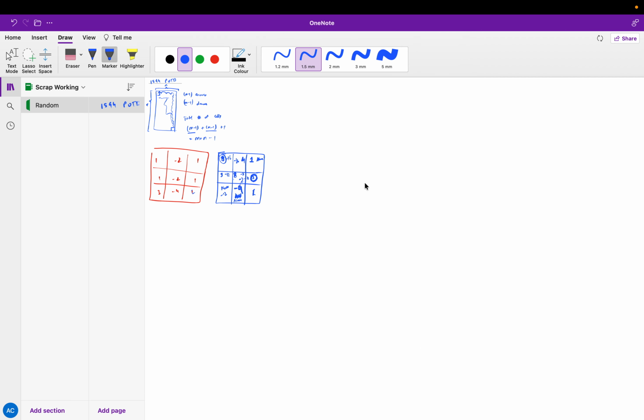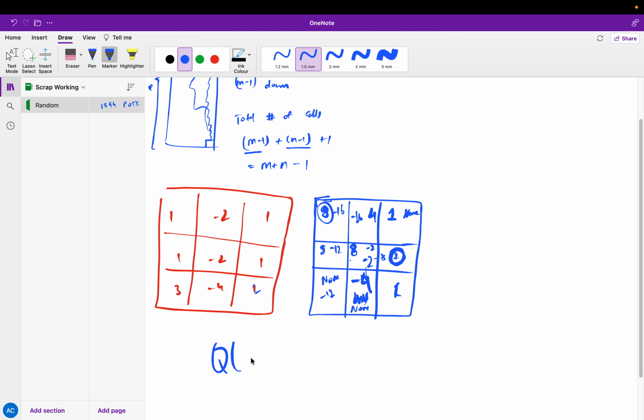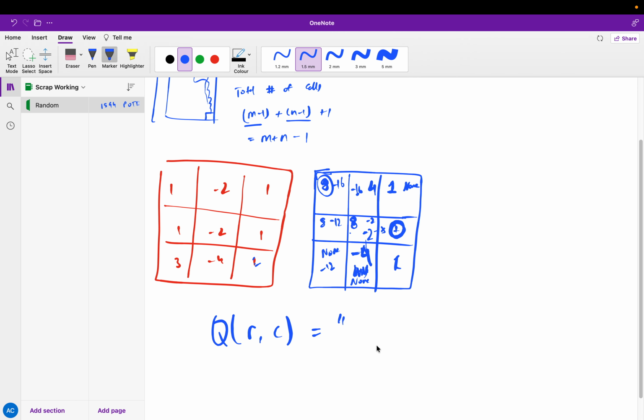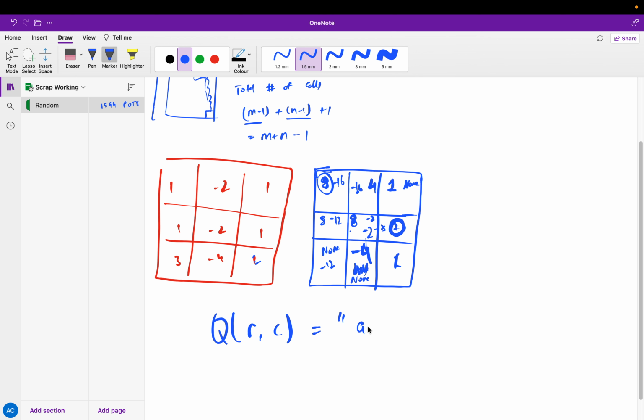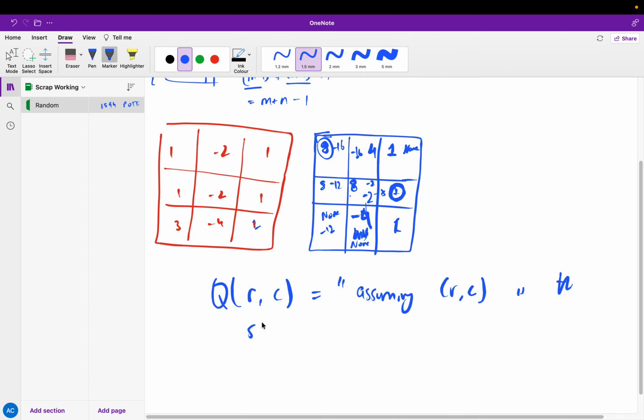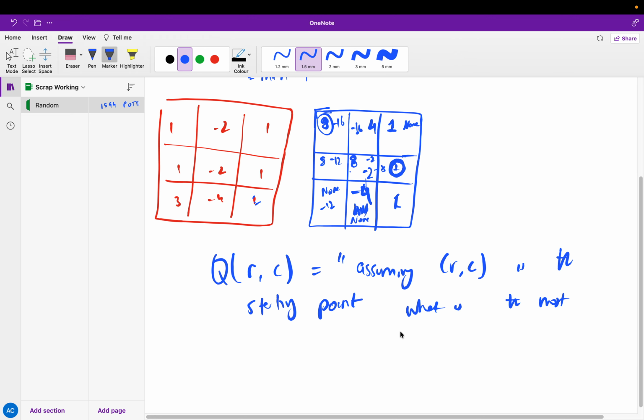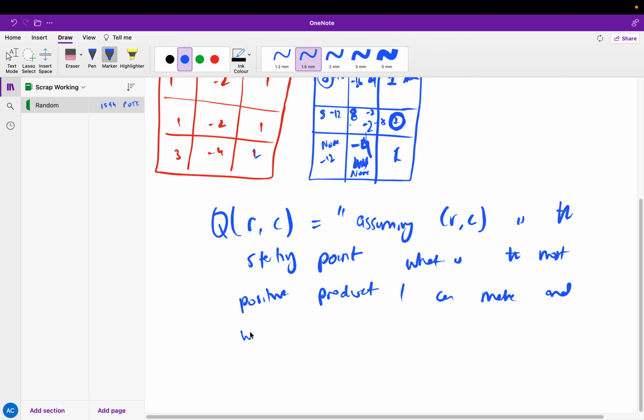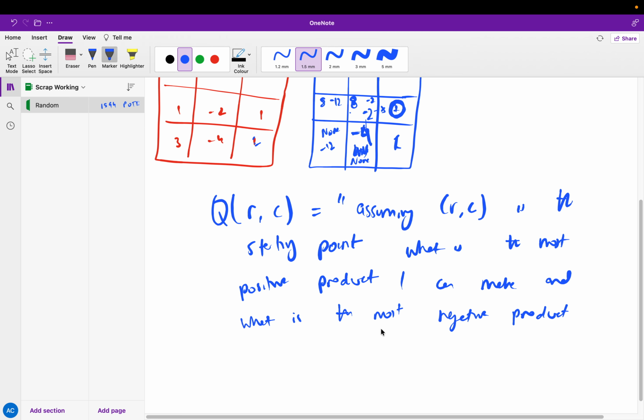So if I was to define the subproblem, Q of some particular row, some particular column is asking, assuming RC is the starting point, what is the most positive product I can make, and what is the most negative product I can make.